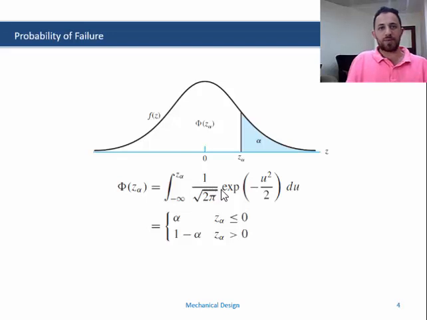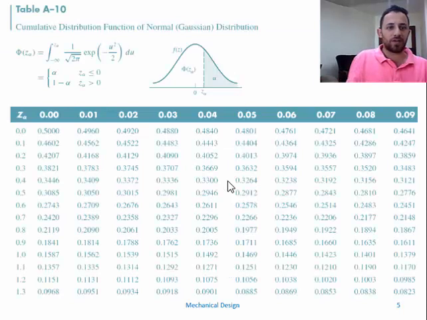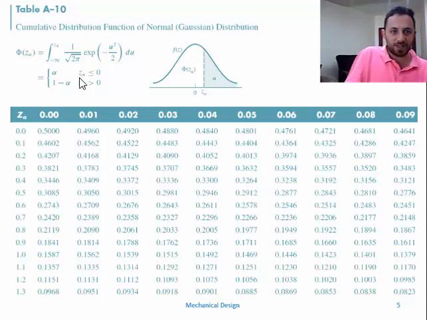So because we subtracted the mean and divided by the standard deviation, we can find a table at which we can obtain the probability very easily, at which if we have z negative, the probability will be alpha.